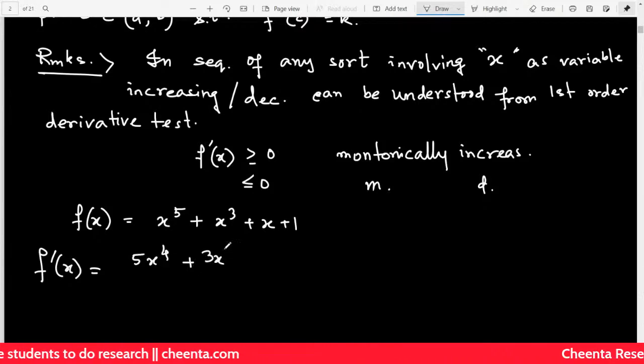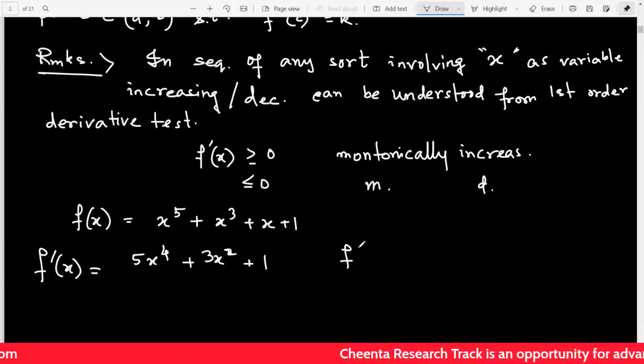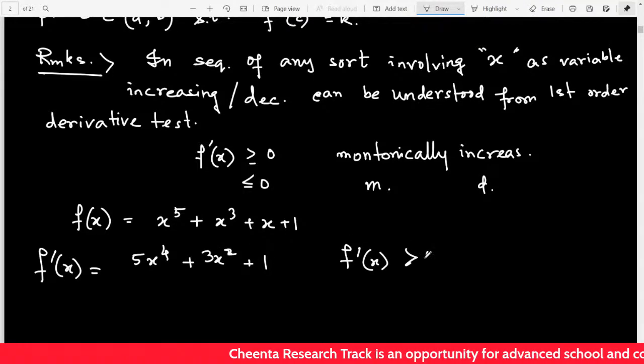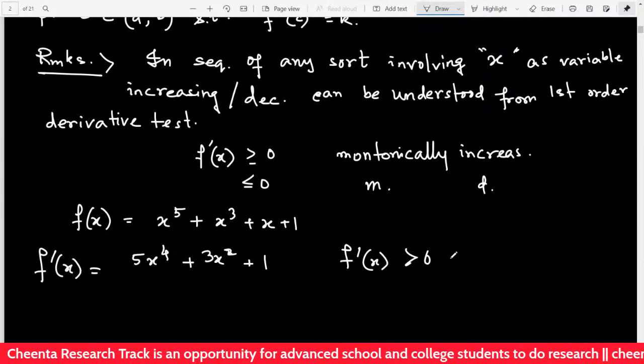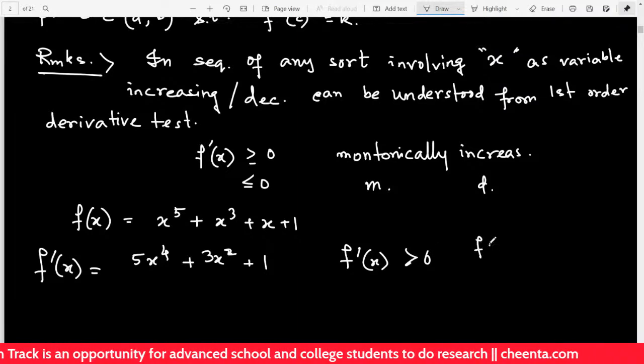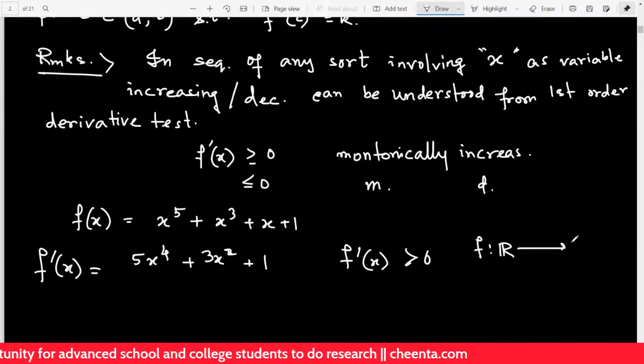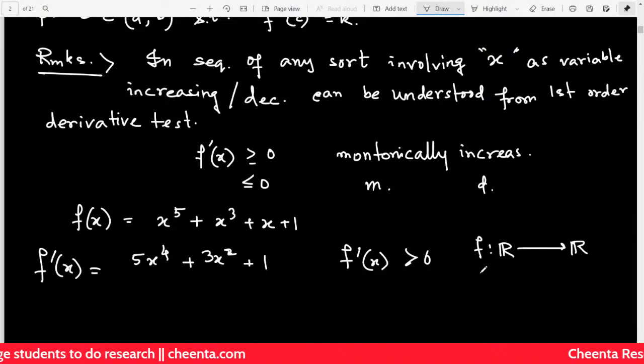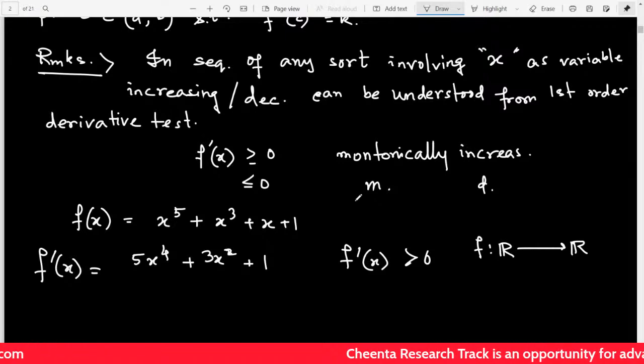So that implies that if this function is defined from R to R, it is strictly increasing, because if the derivative is strictly greater than 0, then it is strictly increasing.